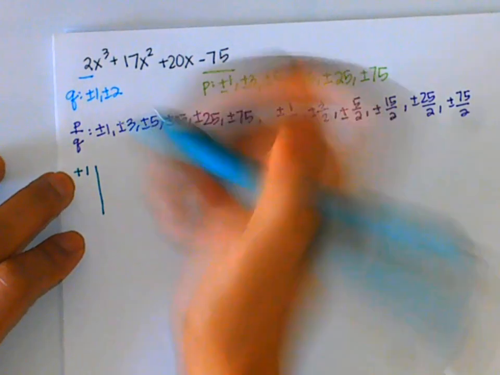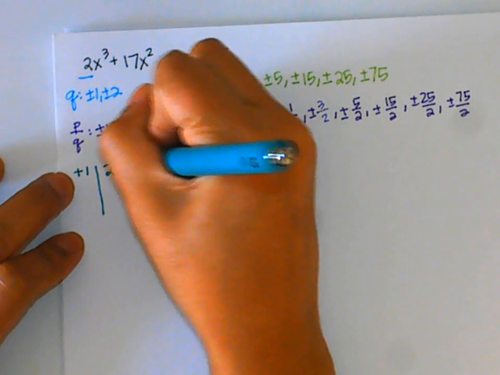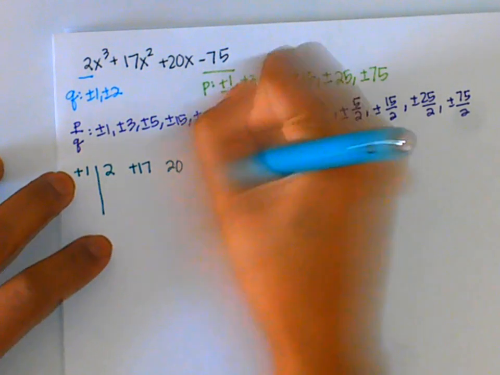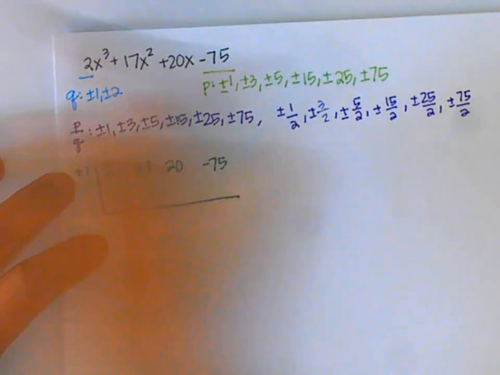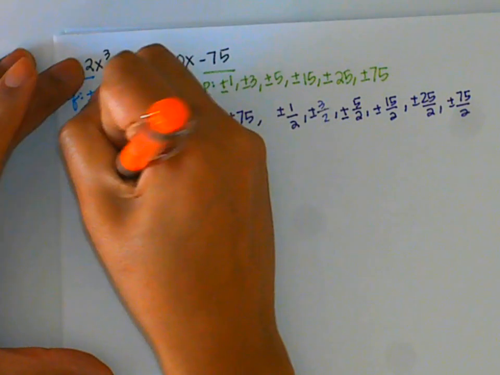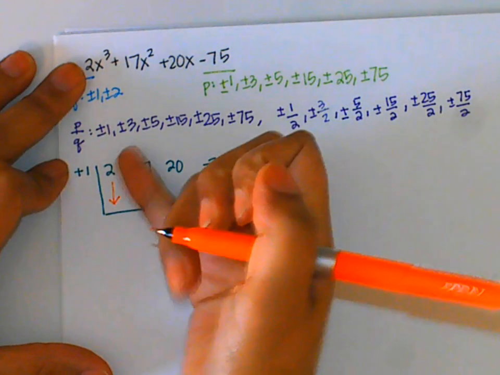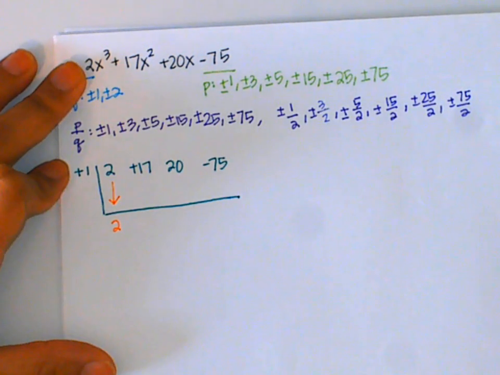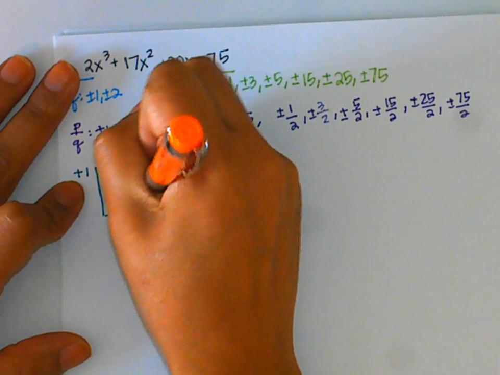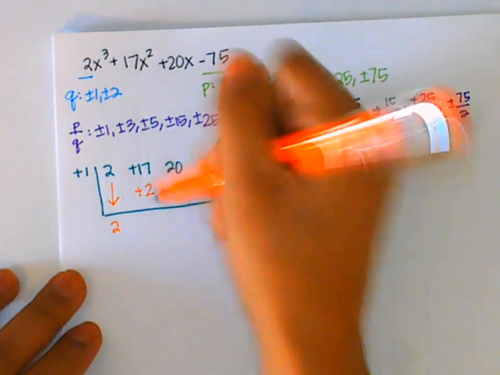and bring down my coefficients. I'm going to do this first one a little bit slow, just as review, if you need review on the synthetic division. Remember, we bring down the first term. So here is a 2. I'm going to bring it down. Positive 1 times 2 gives me a positive 2, and that goes in here. And then we add.